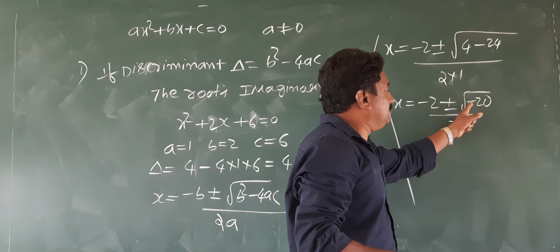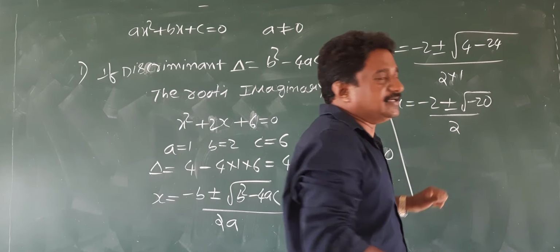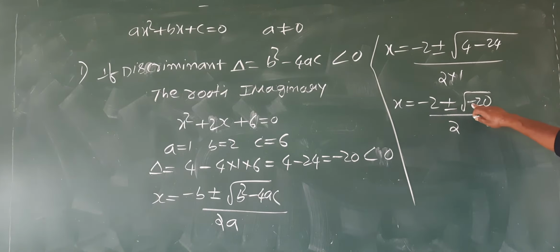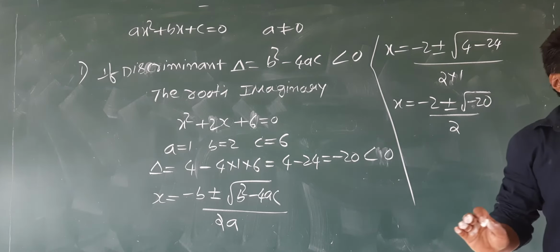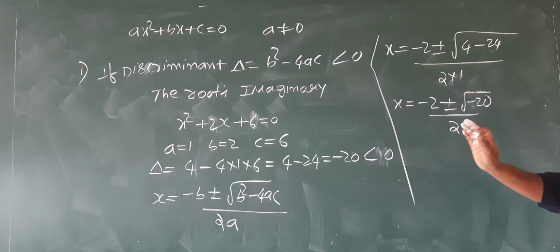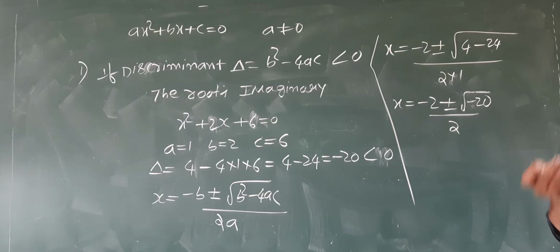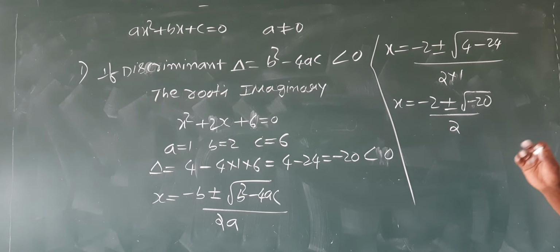Root minus is appearing inside the root. If minus comes inside the square root, its value cannot be found. Its value does not exist. We cannot find the square root of minus 20. So that means it is an imaginary number. It's not real.